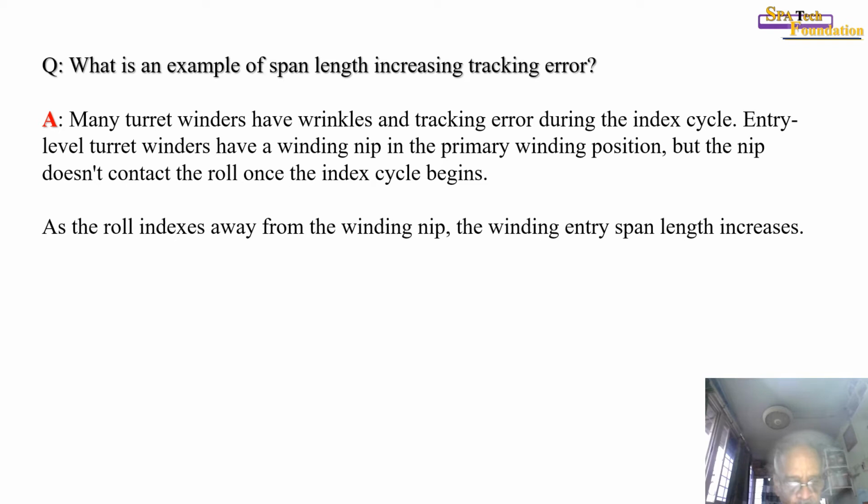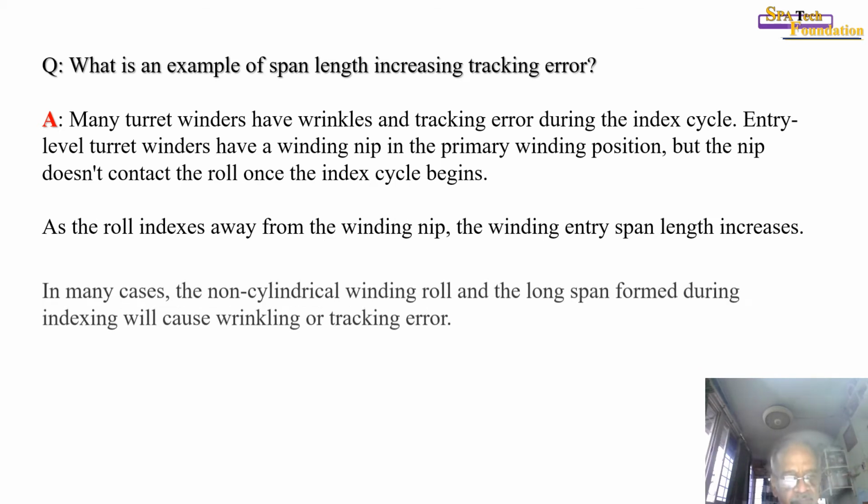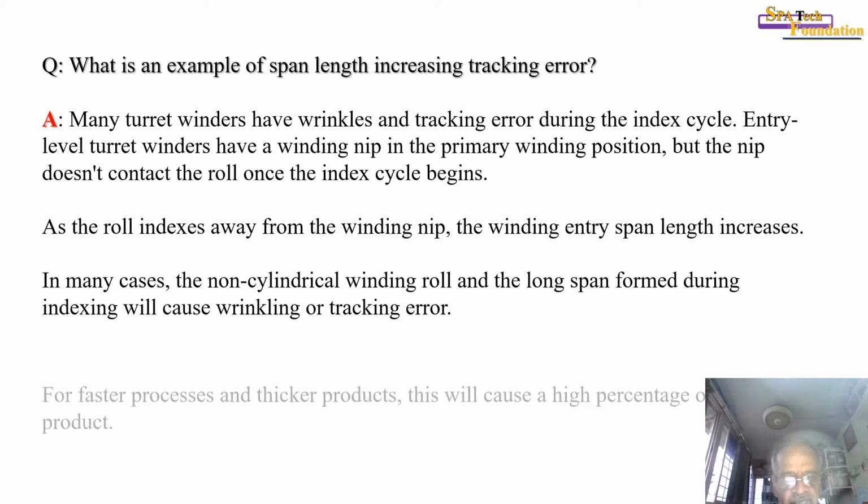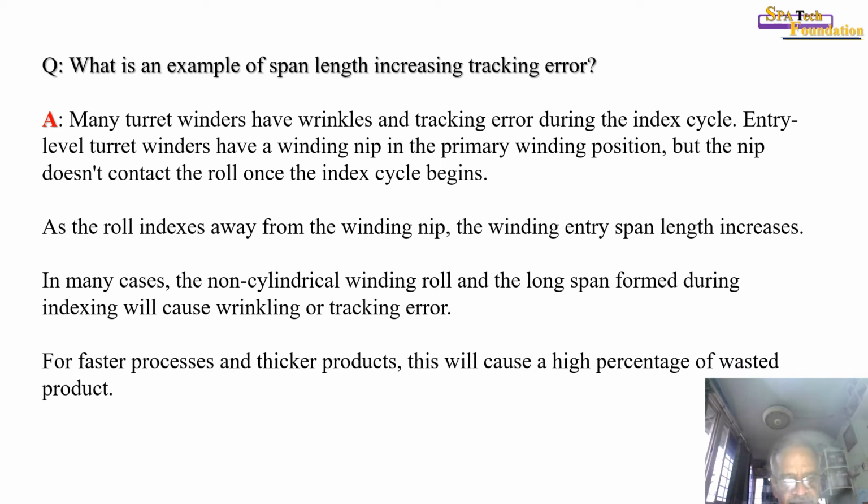As the roll indexes away from the winding nip, the winding entry span length increases. In many cases, the non-cylindrical winding roll and the long span formed during indexing will cause wrinkling or tracking errors. For faster processes and thicker products, this will cause a high percentage of waste.